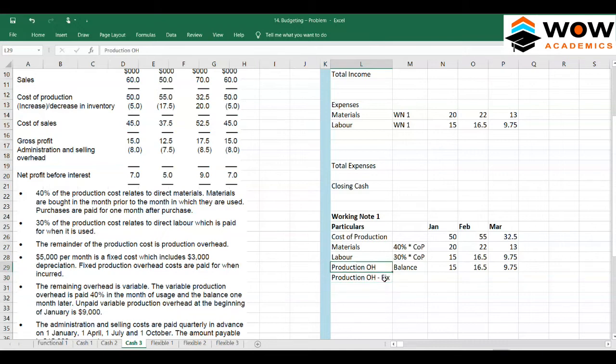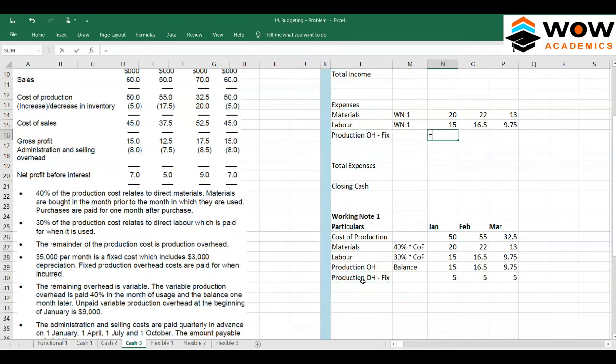So fixed is 5,000 in each month. But if you see here, fixed production overhead costs are paid for when incurred, but include 3,000 of depreciation. So we can put it like this. We don't need to refer to the working note.